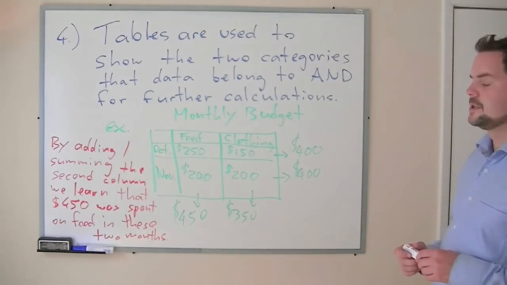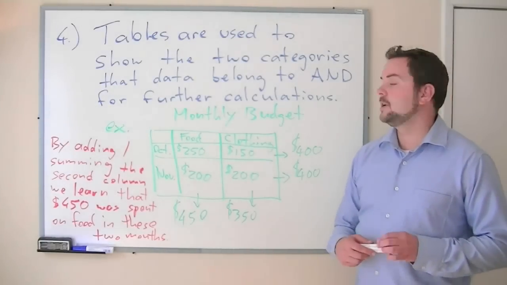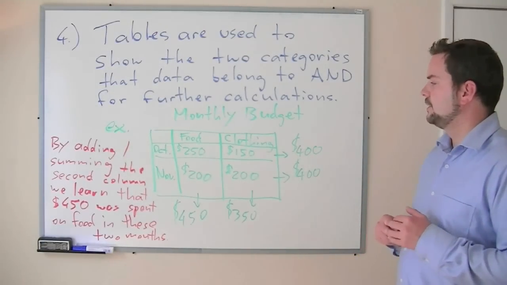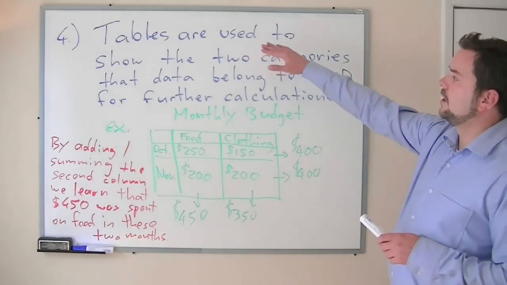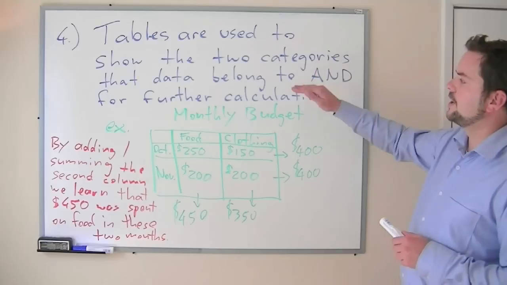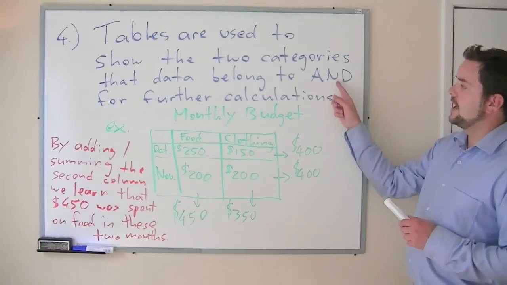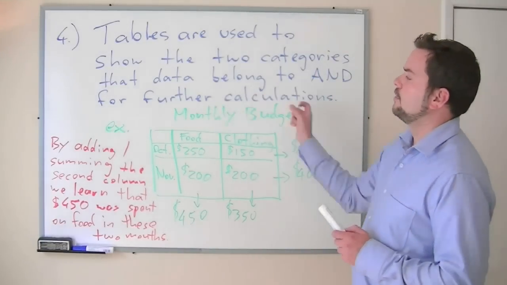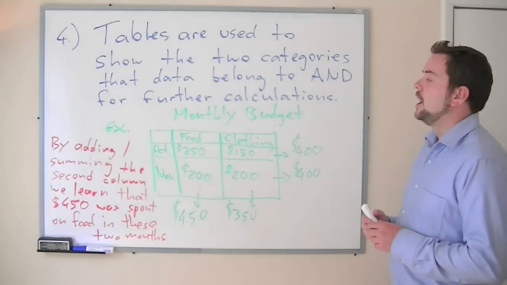Again, these comparisons make the table much more interesting and much better described. So tables are used to show the 2 categories that data belong to, and very importantly, for further calculations.